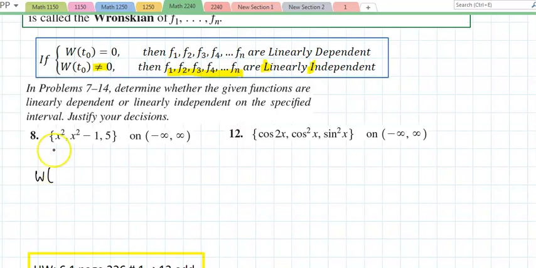The Wronskian is given by, list them, x squared, x squared minus 1 and 5, derivative, derivative, and a derivative, derivative, derivative, and a derivative.